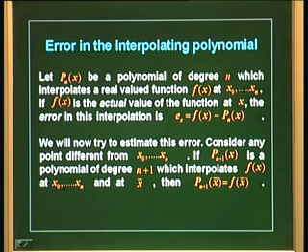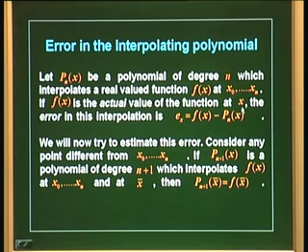Now what we are interested in is getting a value in between x0 and xn, that is, any value which is not tabulated. So let us say x is such a point and f of x is the actual value of the function at that point x between x0 and xn.